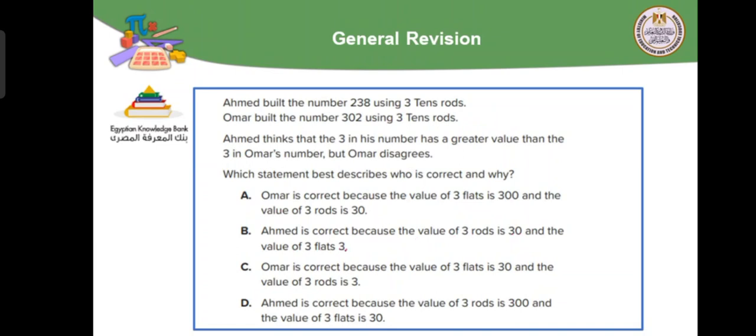Is it right? Okay. Omar is correct because the value of 3 flats is 30 and the value of 3 rods is 3. Is it right? Ahmed is correct because the value of 3 rods is 300 and the value of 3 flats is 30. Is it right? Which one of these sentences is correct? Think. Yes, a rod relates to tens and a flat or square relates to what? 100. So which one is correct?